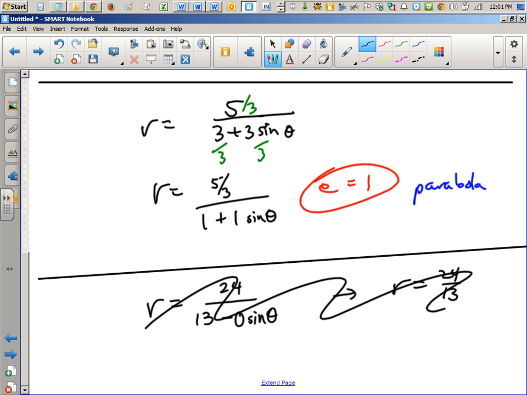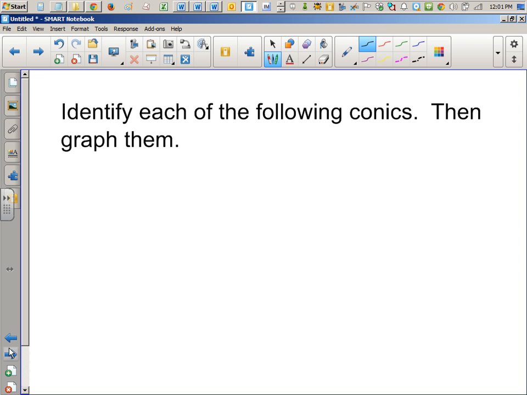Okay, now that we can kind of identify the e from the equation, let's go ahead now and do the real examples. So here are the examples I picked for today. r equals 3 over 2 plus 3 cosine theta. Okay?